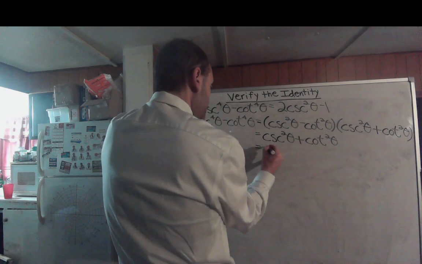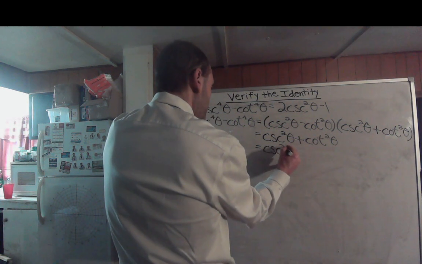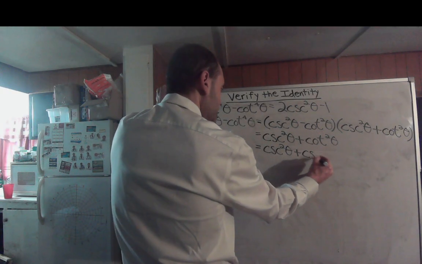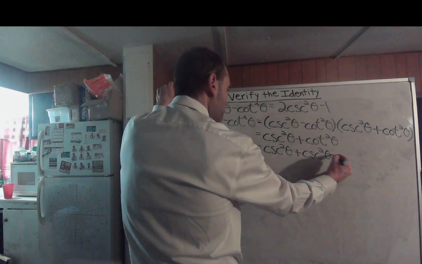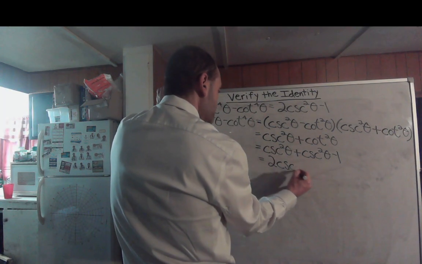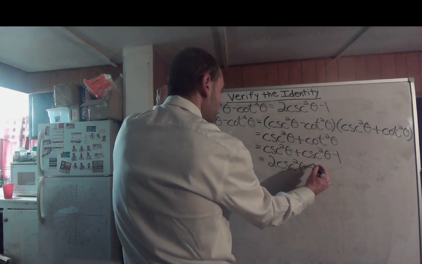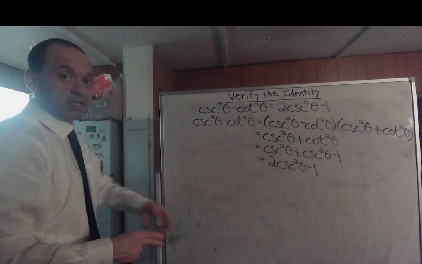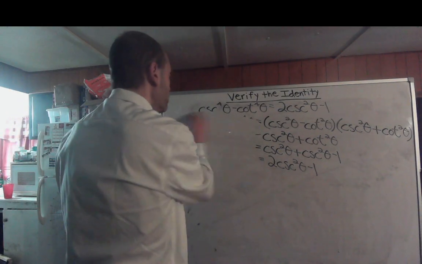So you could put in cosecant squared of theta, then for that cotangent squared, put in plus cosecant squared of theta minus 1, which would simplify into 2 cosecant squared of theta minus 1. And don't forget to write your therefore statement, and that's it. 4 more, then we're done.